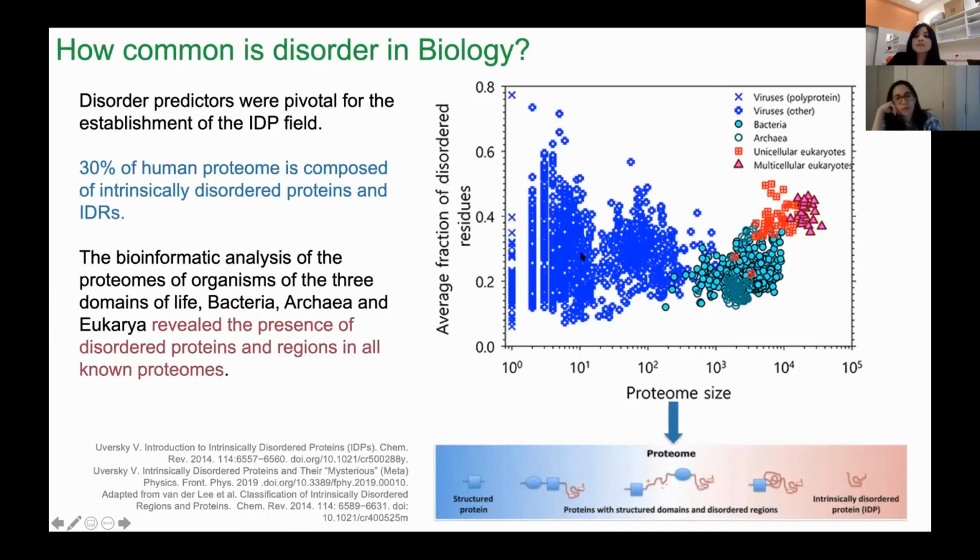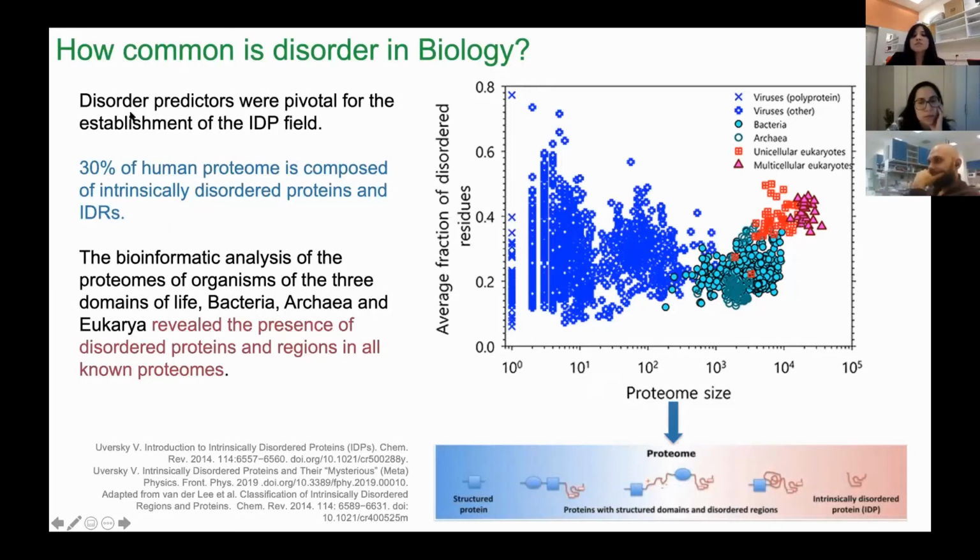And these blue dots correspond to viruses, which are biological entities, but they are not alive. And also you have eukaryotes, but disorder is present in all cellular lineages or all domains of life, like bacteria, archaea, and eukarya.